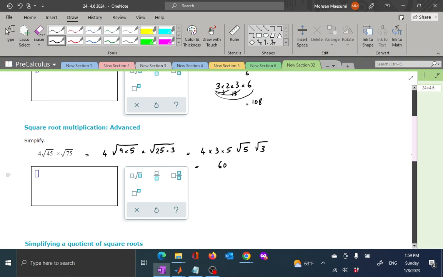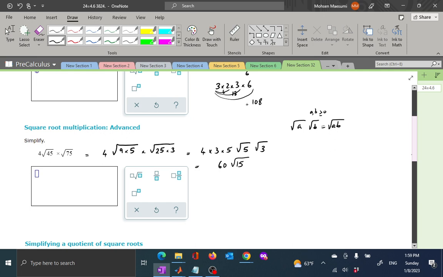Square root 15. So remember, square root of a times square root of b, you can write it as square root of ab, so long as a and b are positive numbers, or at least 0. If they were negative, we are going to talk about that later on.